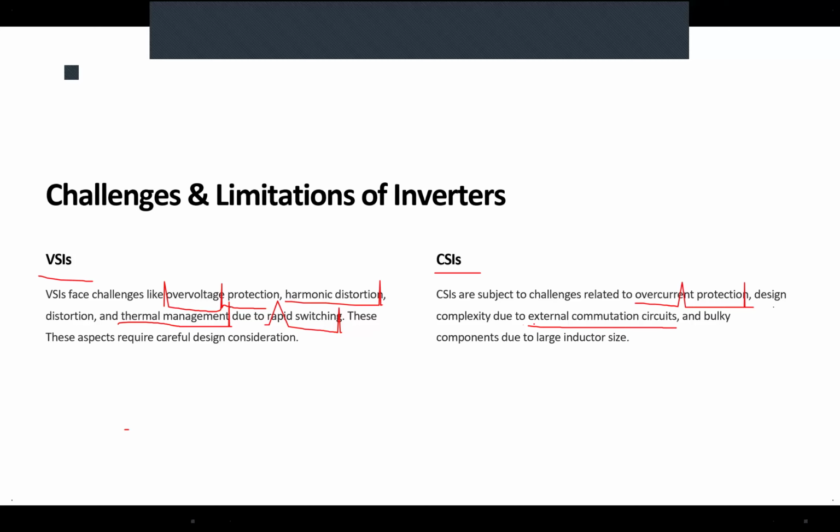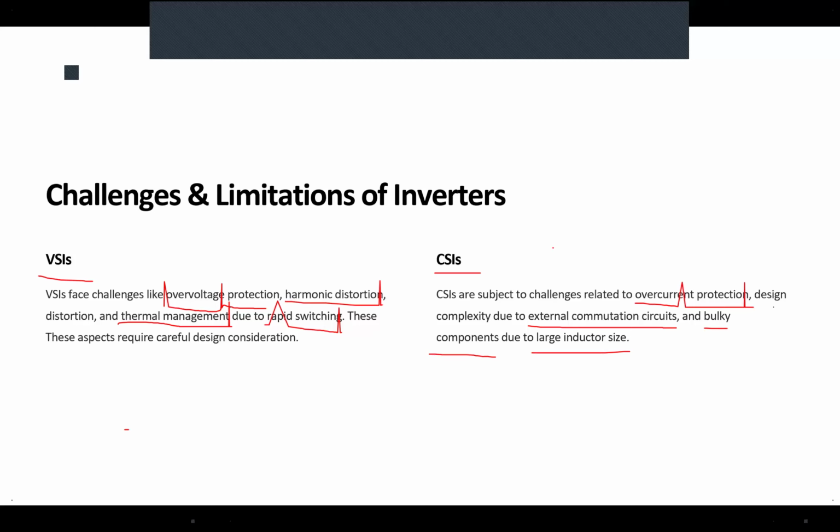You need to have a PWM to ignite the switch and an external commutation circuit to turn off the switch. Another challenge is that because the CSI works with current, that means they have inductors in both the input, the DC part, and the output, the AC part. And because of that, they normally have bulky components and they are larger in size.